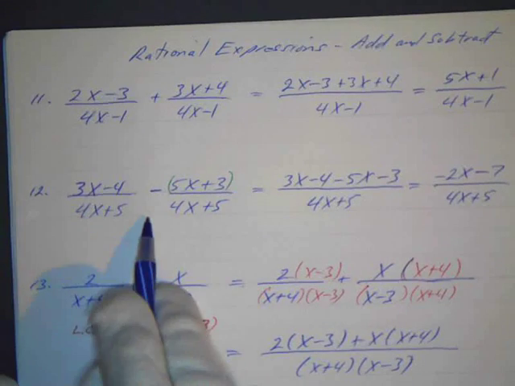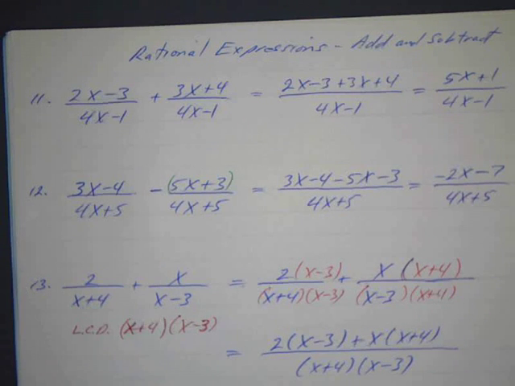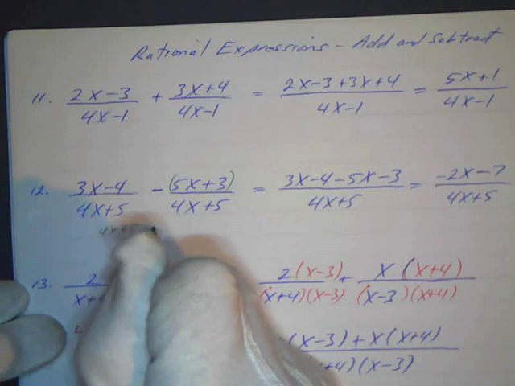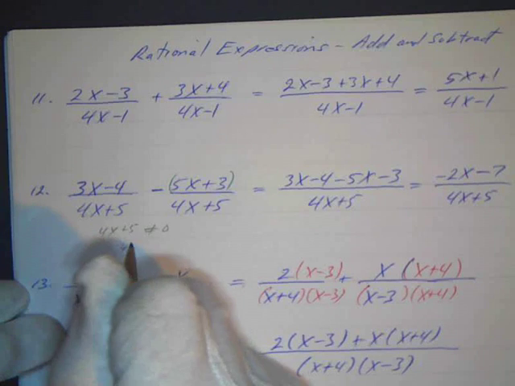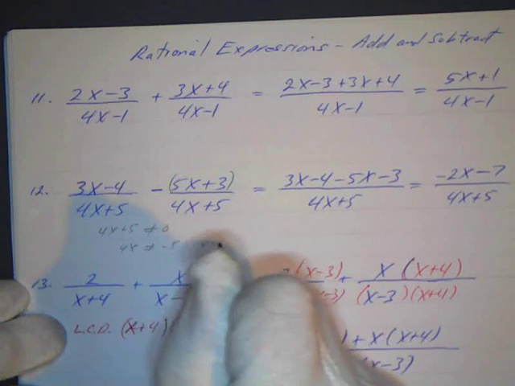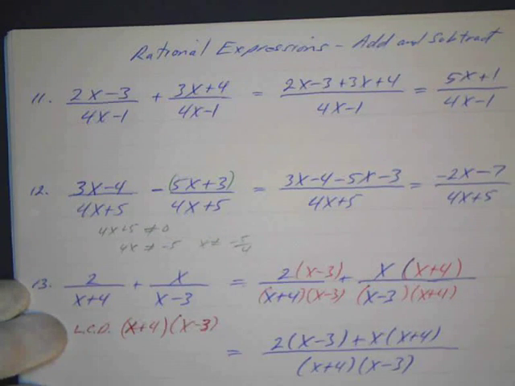This one we'd have to set it equal to 0, so if I want to find the restrictions on this domain, I could say 4x plus 5 cannot equal 0. So 4x cannot equal negative 5. So x cannot equal negative 5/4. You see?